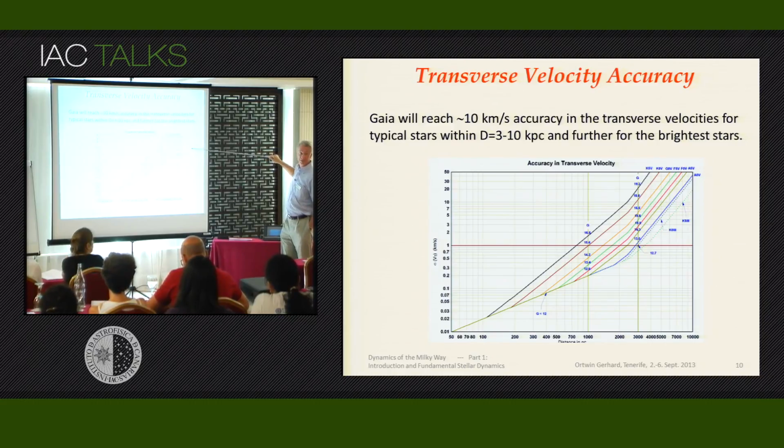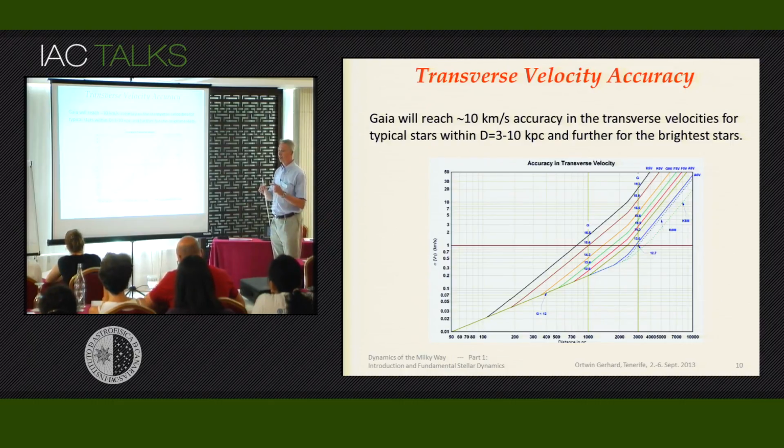And for some of the very bright stars, of course, this will go much further. And I understand that one is also expecting to be able to measure transverse velocity of some of the brightest stars in M31. So it's a very rich data set, and it'll give us very accurate data for many of the phase-space coordinates.